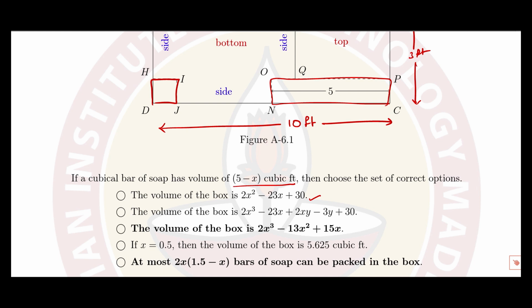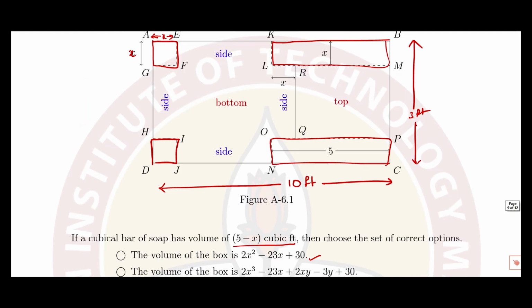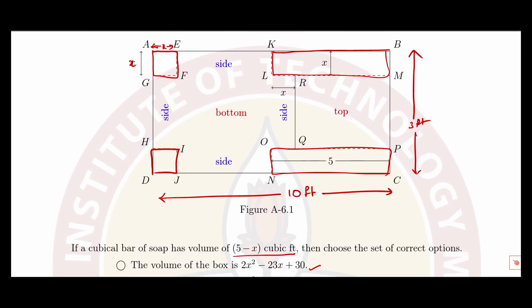So in order to find the volume of the box, we require length, breadth and height. Now if you see here, DC is equal to 10 feet, and DJ we have x, and NC we have 5 feet.